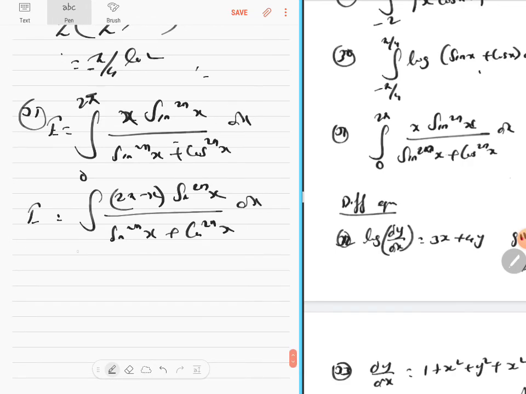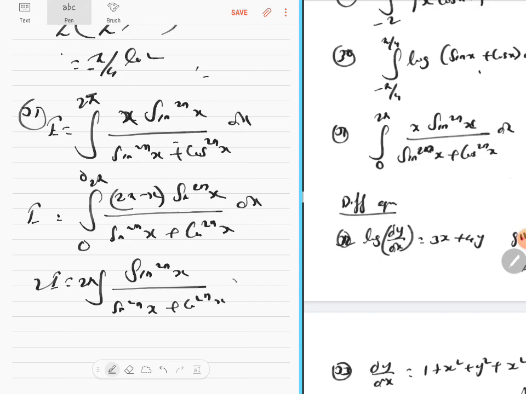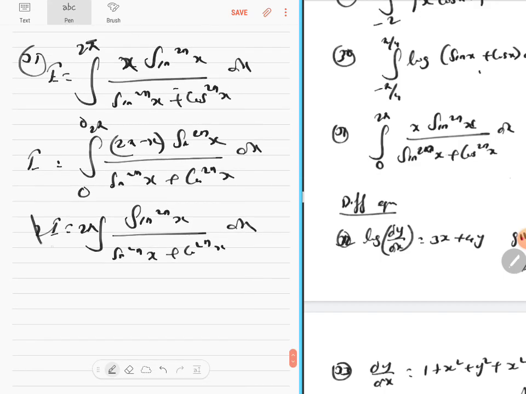And so then if you add these two, it will become 2I, and x will get eliminated. You will have 2 pi into sine to the power 2n x by sine to the power 2n x plus cos to the power 2n x. When you do 2I, the x and x components get cancelled. So the 2 and 2 get cancelled.